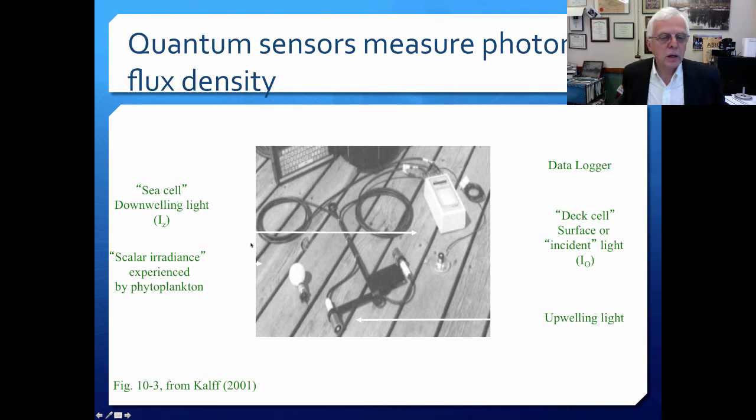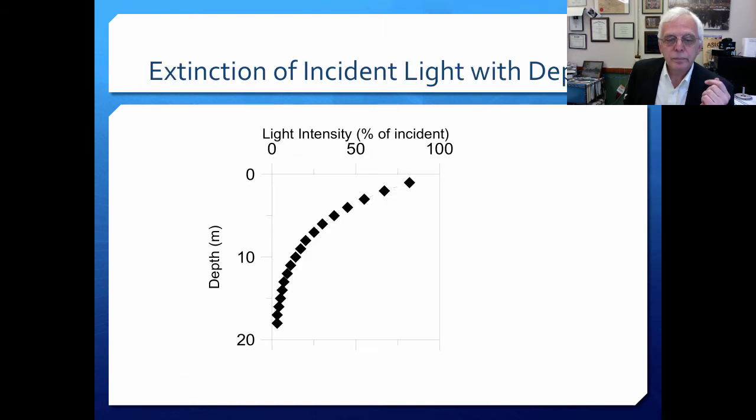The upwelling light is also important, but mostly we look at the downwelling radiation, sometimes as a percentage of that received by the deck cell, as we lower the quantum sensor down through the water column.